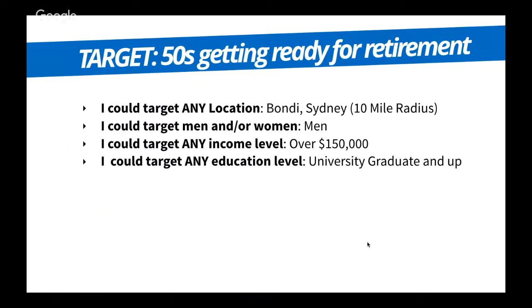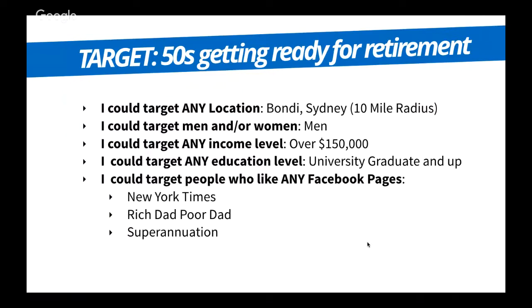You can also say, okay, they have to live in Bondi, they're a male, they earn over 150,000 a year, and they're a university graduate. And finally, I want them to also be interested in the New York Times, maybe the Rich Dad Poor Dad Facebook page, and superannuation.